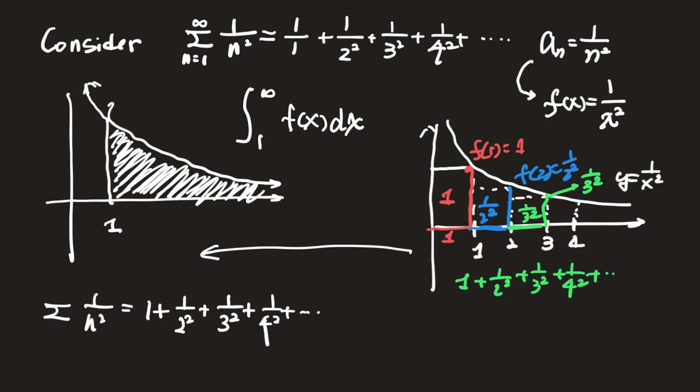Starting from 1, the area under the curve is bigger than the sum of the rectangles, so that's less than or equal. The first rectangle is not included here, so 1 plus the sum of the rectangles, which is less than the area below this curve, the improper integral.